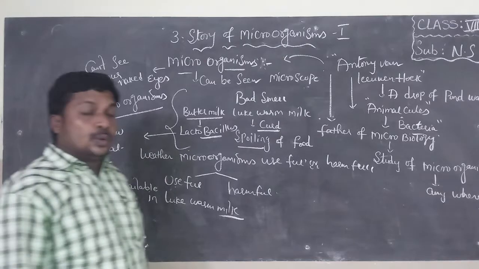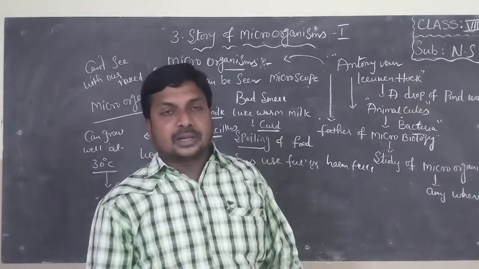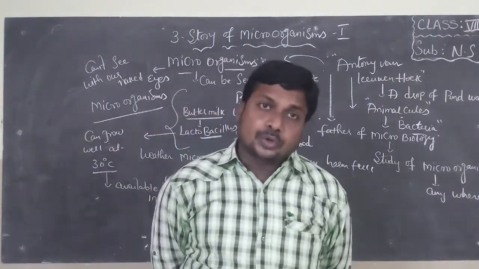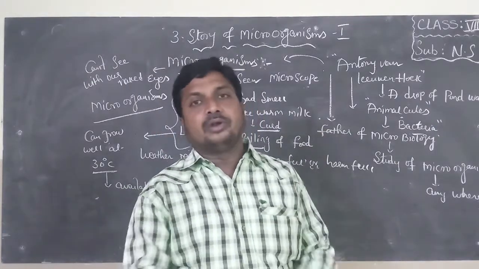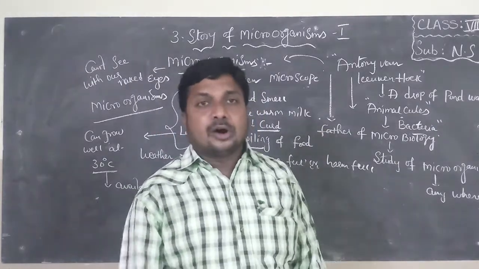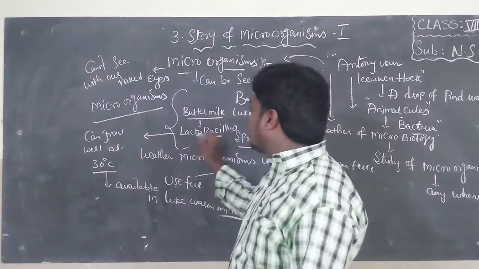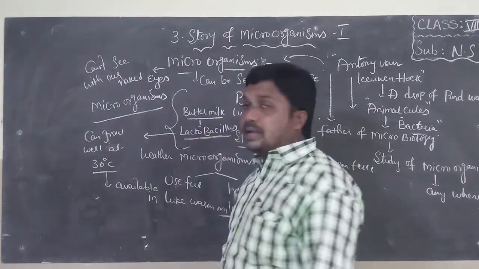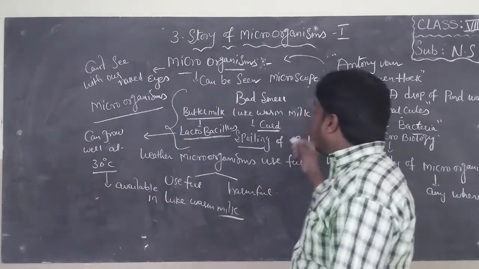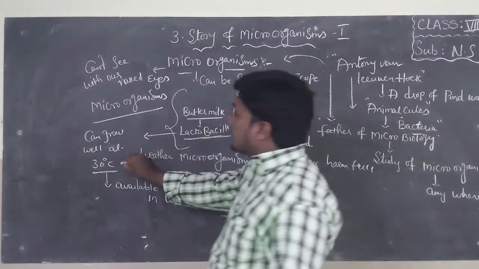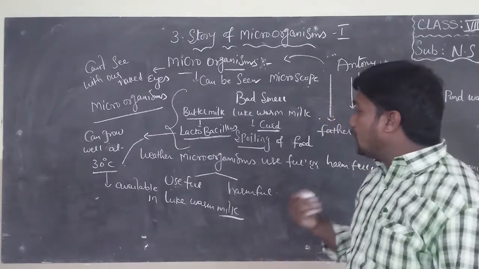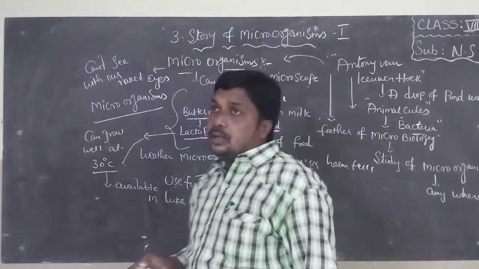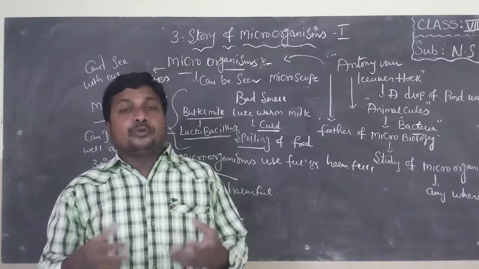That's why we are adding buttermilk to lukewarm milk. If you add buttermilk to cold milk, or to hot milk, curd will not form. Why? Because the lactobacillus bacteria increase their number at 30 degrees centigrade temperature that is available in lukewarm milk.